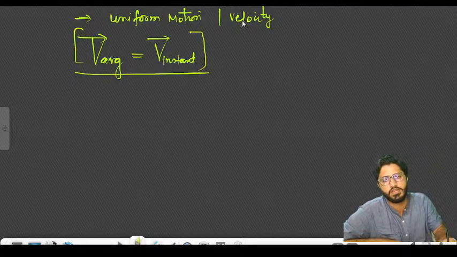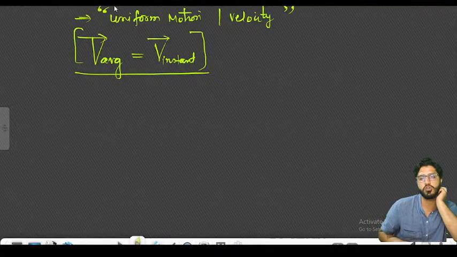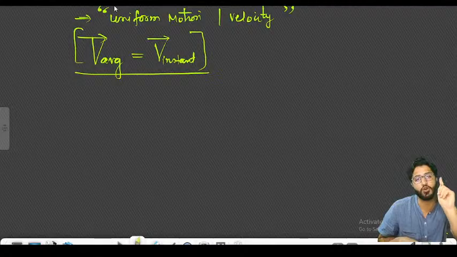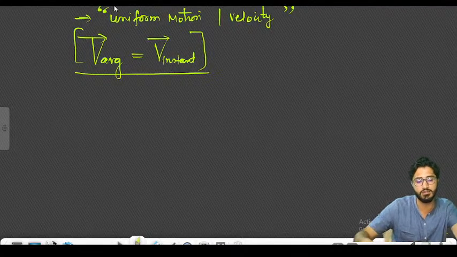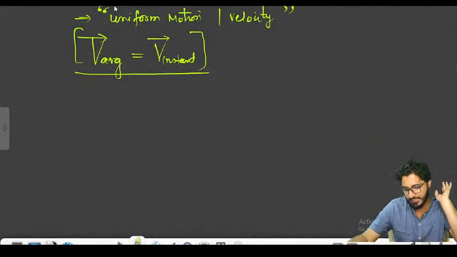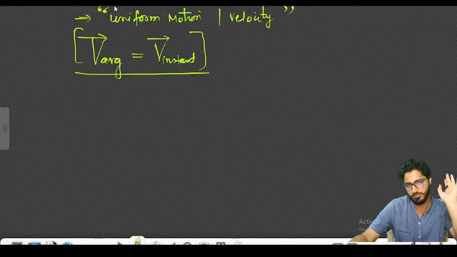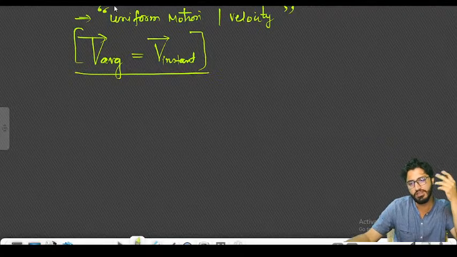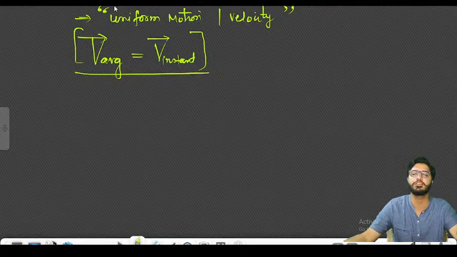In uniform motion, instantaneous velocity is equal to average velocity. You need to write these things for your examinations. If uniform motion is there, is there a relation between V average and V instant?